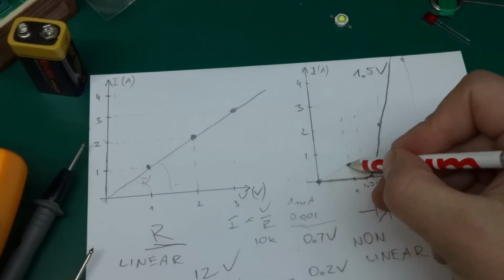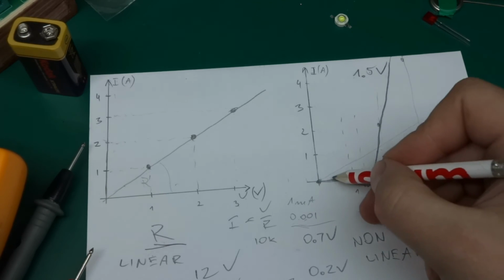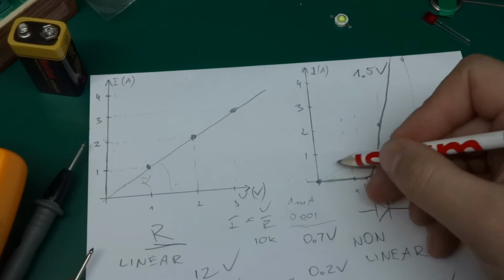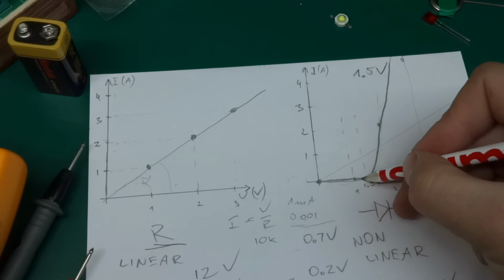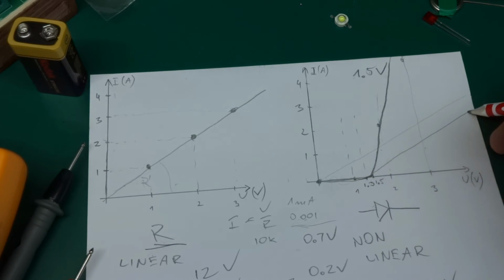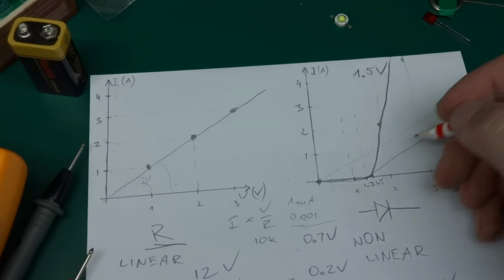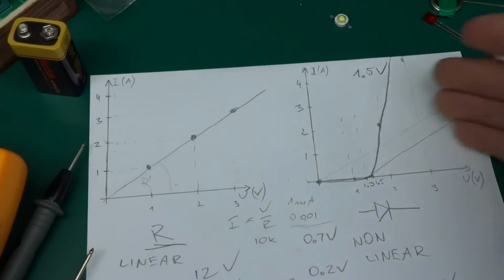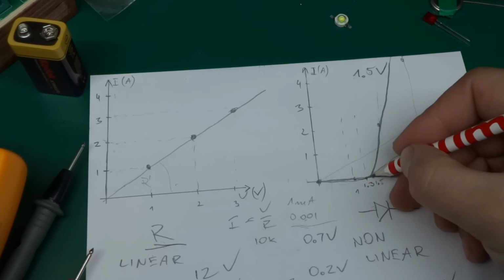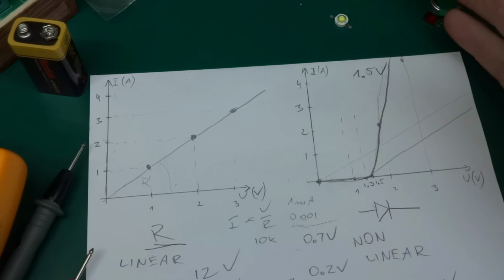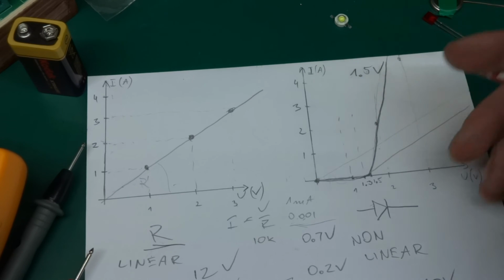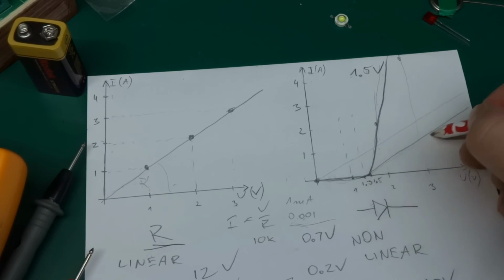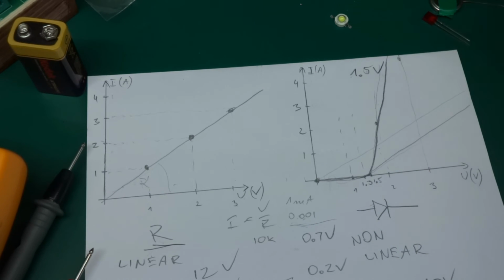So if we draw another one over here, what you get is a combination of those two, and it will be like this, more or less. But with the voltage, it will keep growing more steadily, because over here it shoots up really, really quickly, and that's what kills the LED. But if you limit the current to a few milliamps, maybe 10 milliamps or less, you can check any one of them safely and you won't damage them.